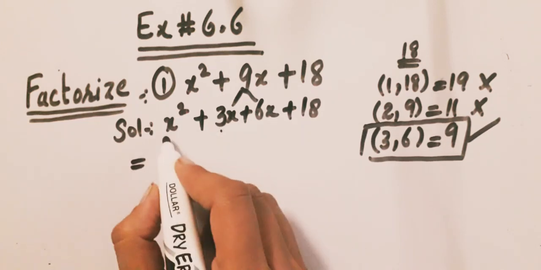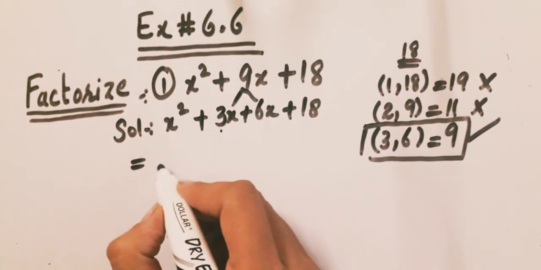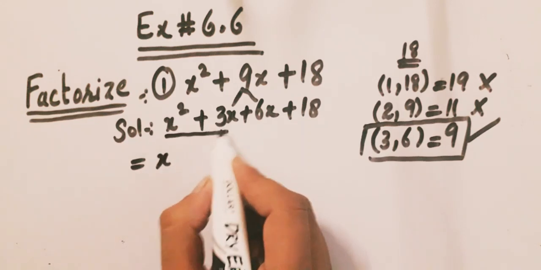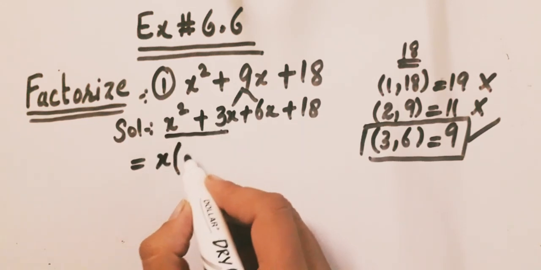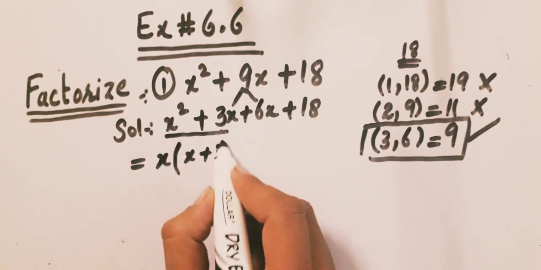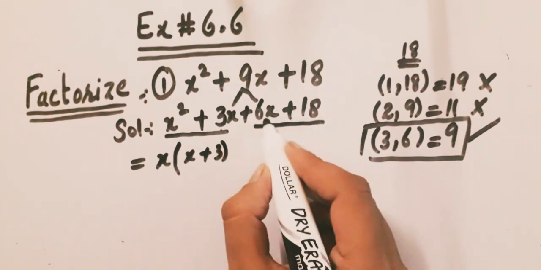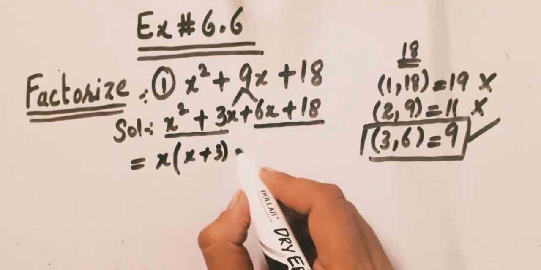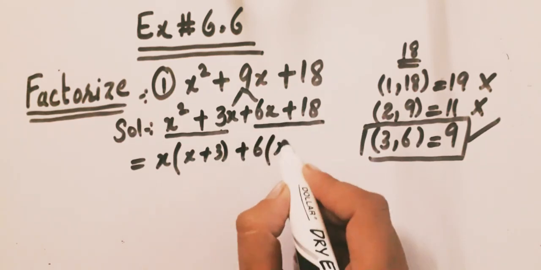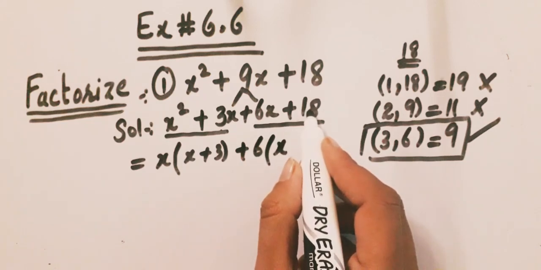Now in these two terms you will take x as common. So remaining is x plus 3. And in these two terms you will take 6 as common. Remaining is x. 6 into 3 is 18.